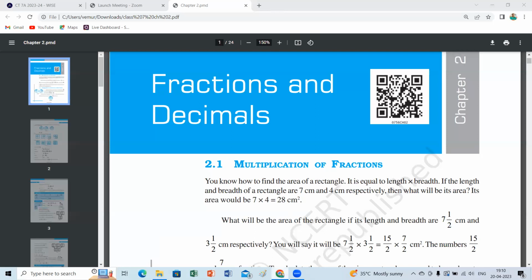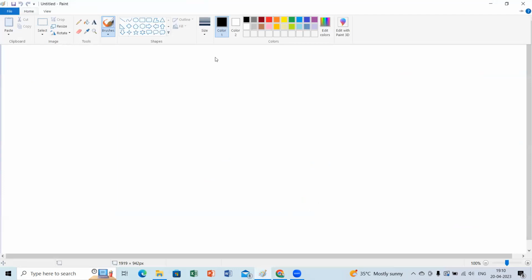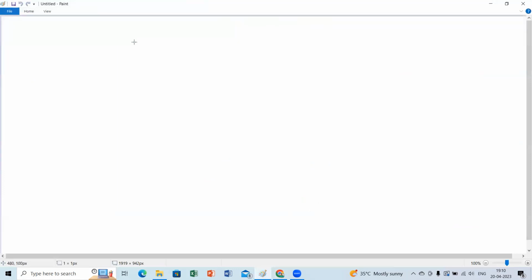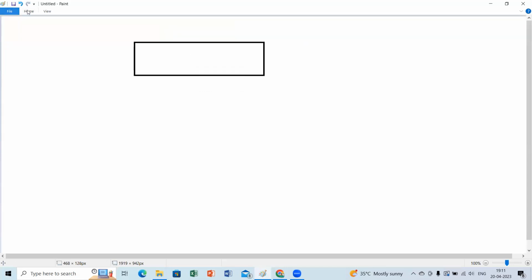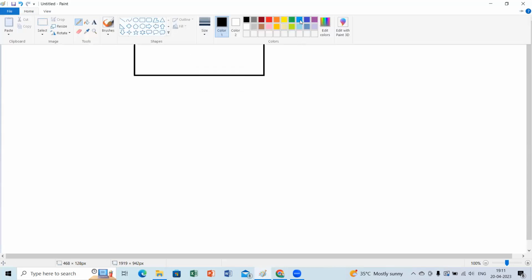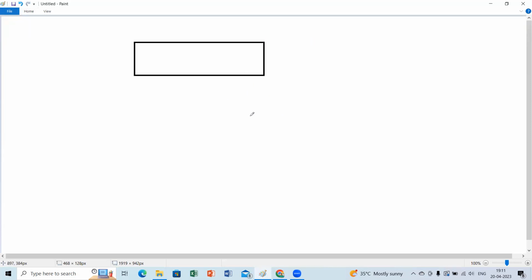Let me go with a small example. They gave a very simple introduction, children. It's a rectangle. In this rectangle, the length is 7 centimeters and the width is 4 centimeters.